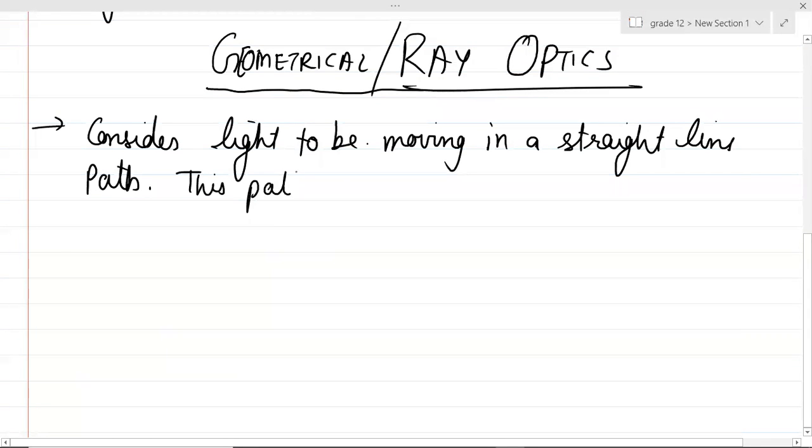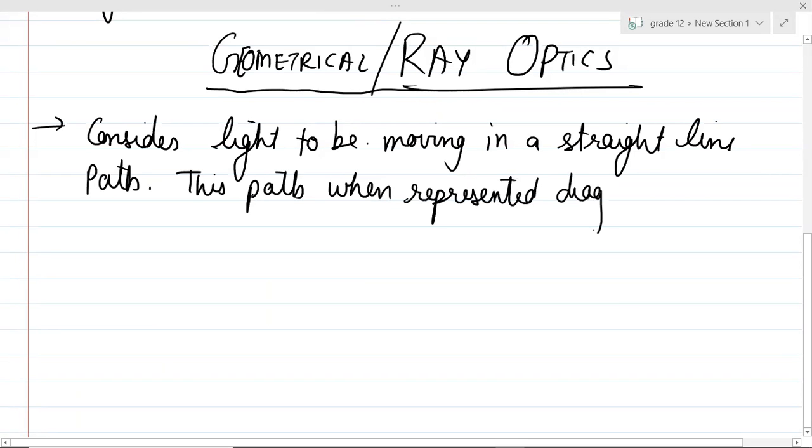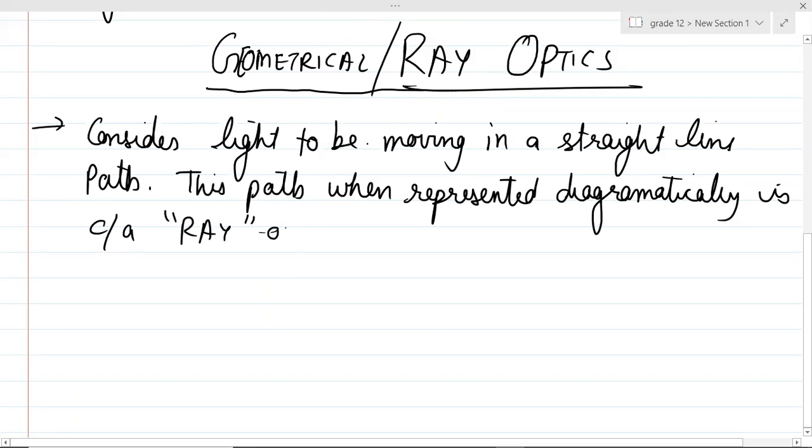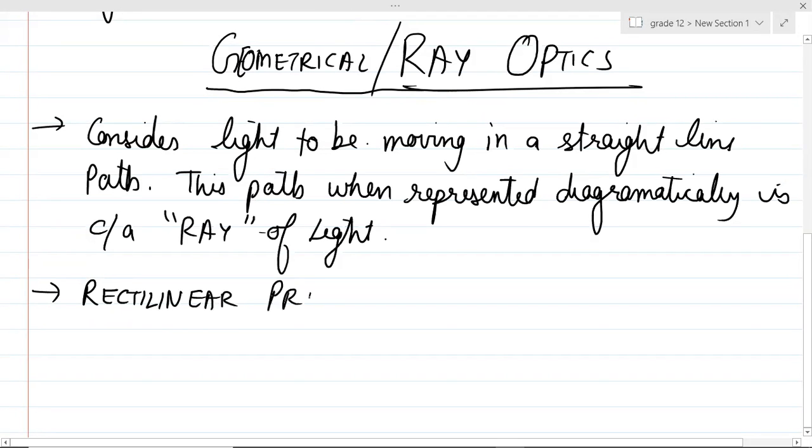This path, when represented diagrammatically, is called a ray of light. And this property due to which light travels in a straight line path is called rectilinear propagation of light. So ray optics will be completely focused on the rectilinear propagation of light.